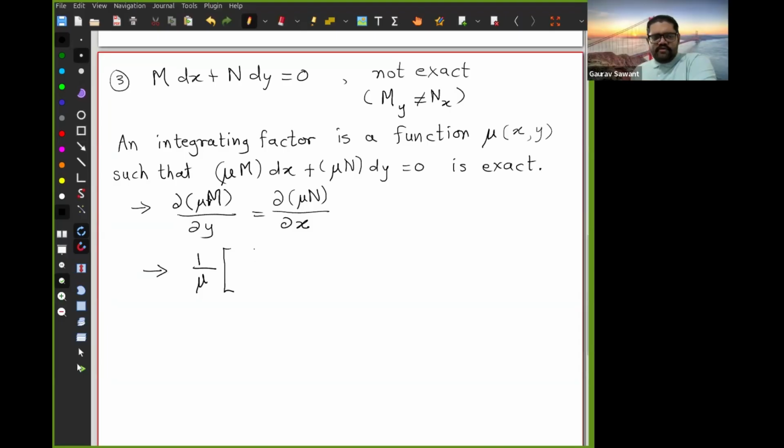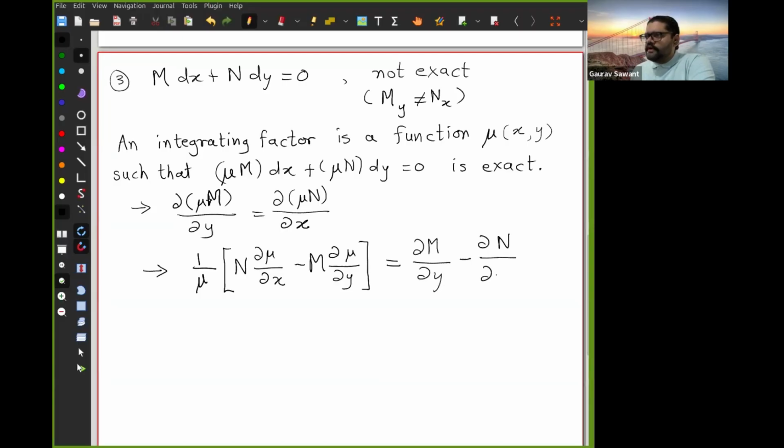Yeah. So 1 over mu, N del mu over del x minus M del mu over del y equal to del M over del y minus del N over del x.